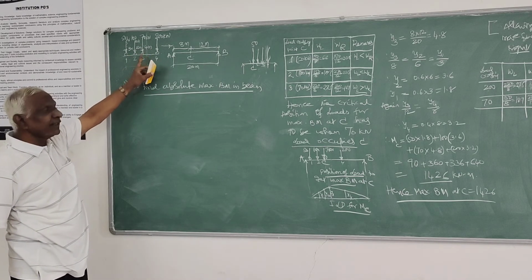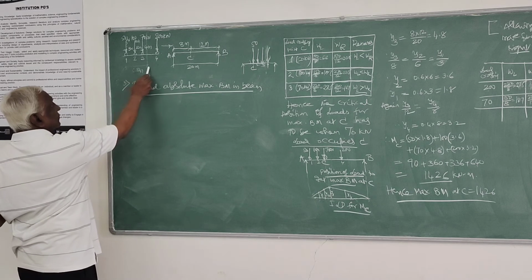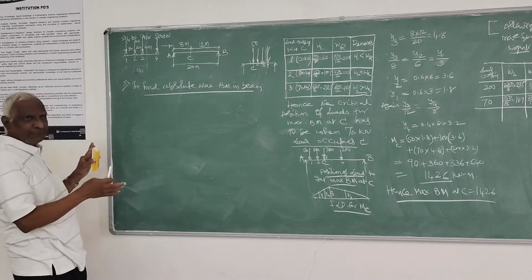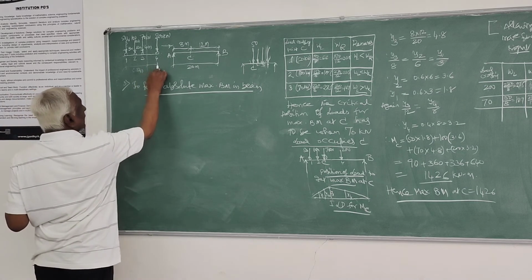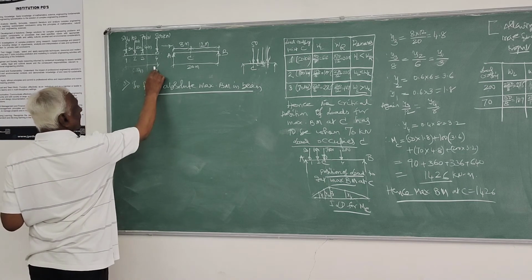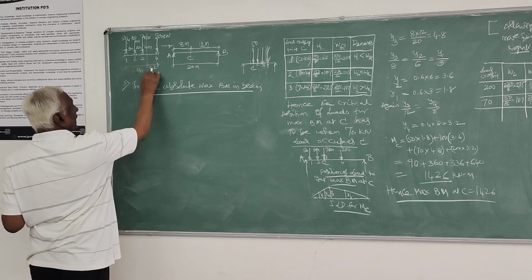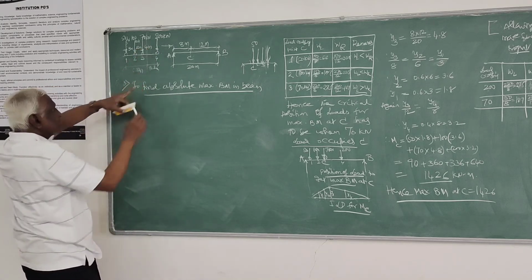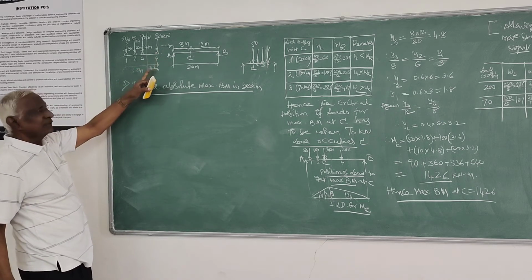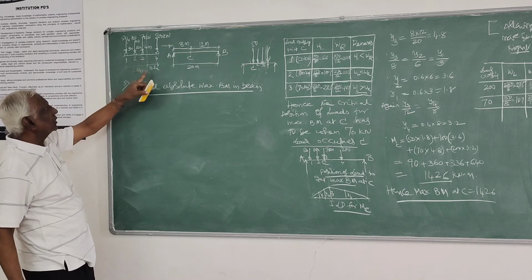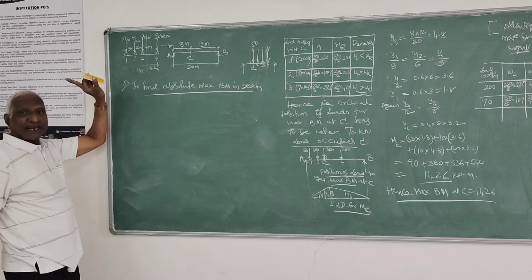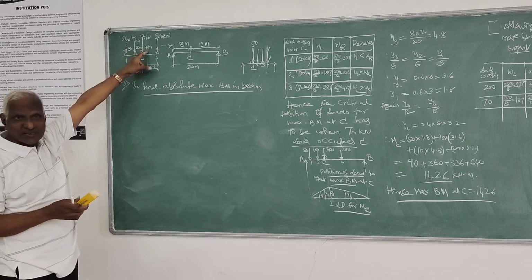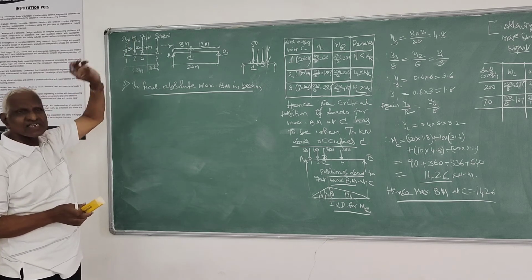Total length is 9 meters, so 9 minus 5.8 is 3.2 meters. This is 4 meters. That means this CG line is 3.2 meters from load 4, but from load 3 it is just 0.8 meters, that is 4 minus 3.2. So this is the closest one, but its magnitude is smaller.